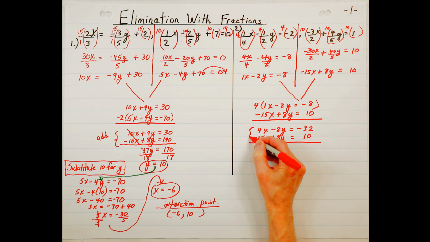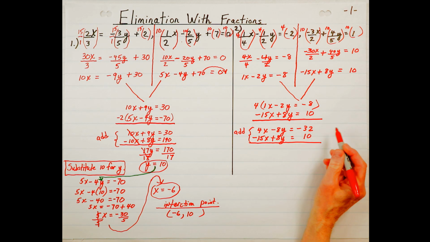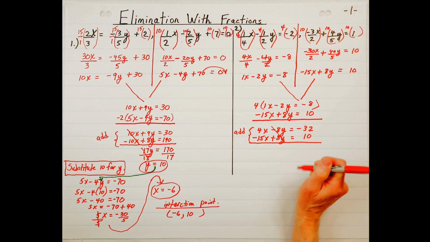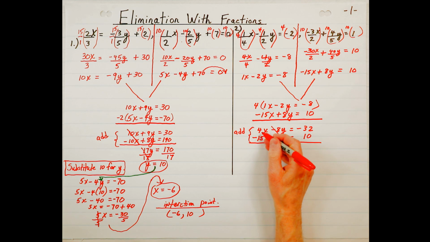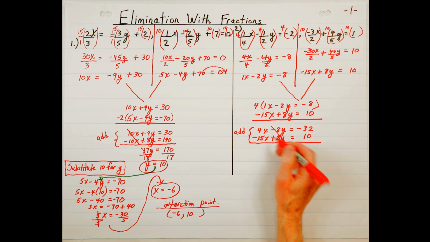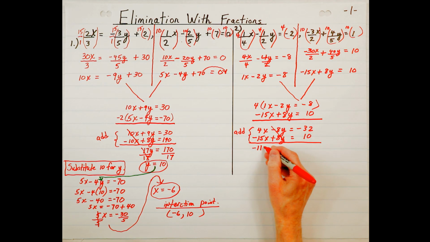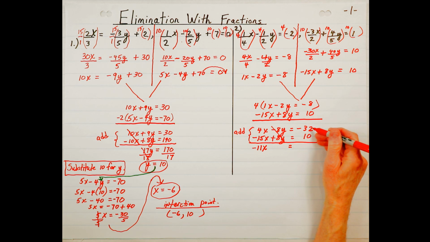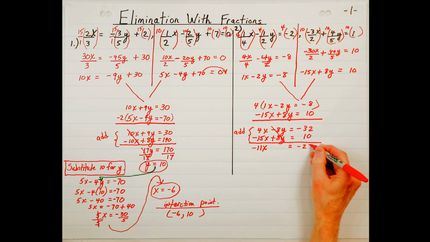So what we're going to do now is add. If you add negative 8y and positive 8y, you get 0y. They cancel. If you add 4 and negative 15, you get negative 11, and the letter is x, equals, on the right-hand side, negative 32 plus 10 is negative 22.